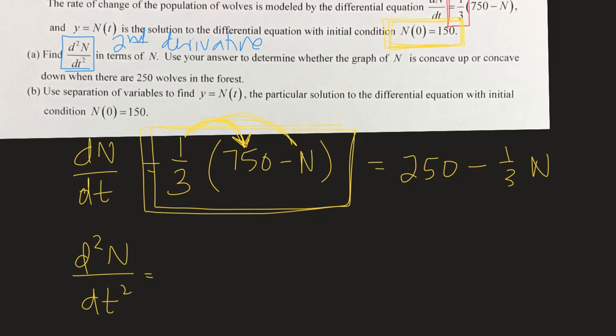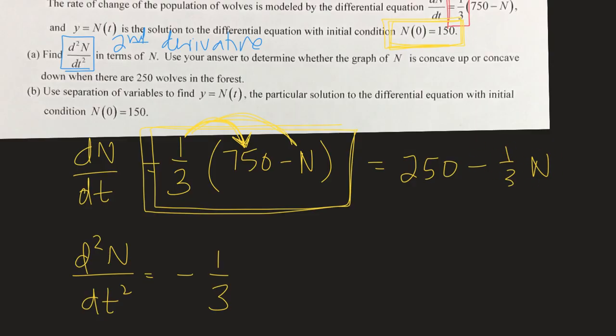So what's the second derivative? What's the derivative of 250 minus 1/3 of n? Hopefully you know that's just negative 1/3. N is your variable. The derivative of a constant is 0. So the coefficient of n is negative 1/3.